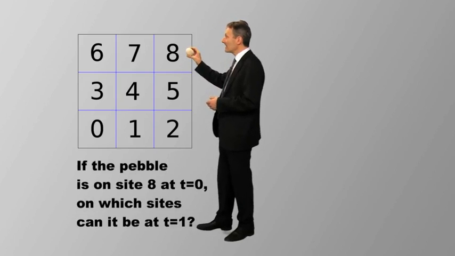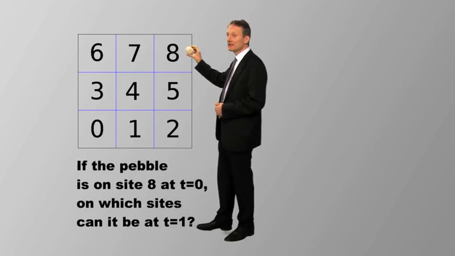Before running this algorithm, let us ask a few questions. First question. If at time t equals 0, the pebble is in the upper right corner on site 8, on which sites can it be at time t equals 1?